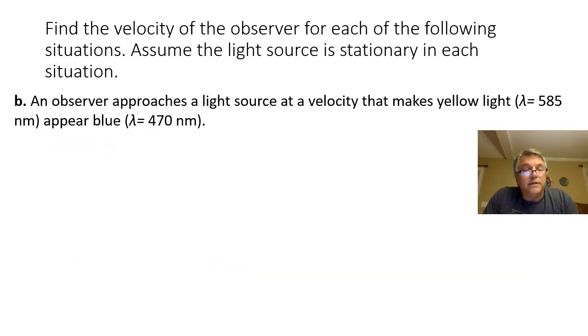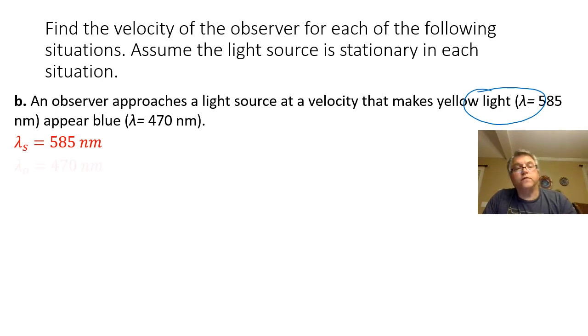Part B states an observer approaches a light source at a velocity that makes a yellow light at a wavelength of 585 nanometers appear blue and have a wavelength of 470 nanometers. So the wavelength emitted by my source is going to be the yellow light, which is 585 nanometers. That's the wavelength of the source.